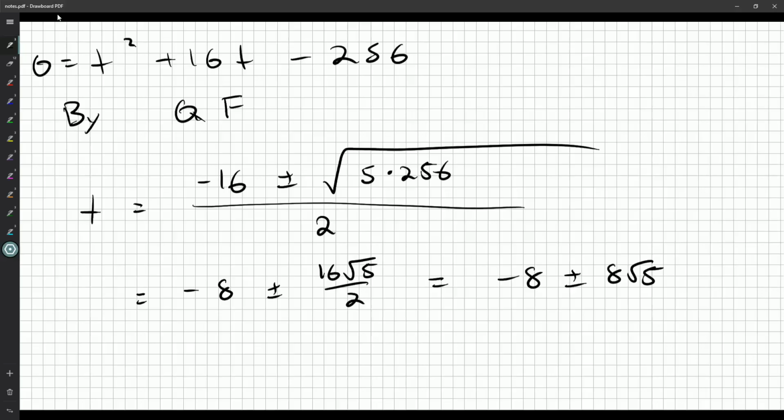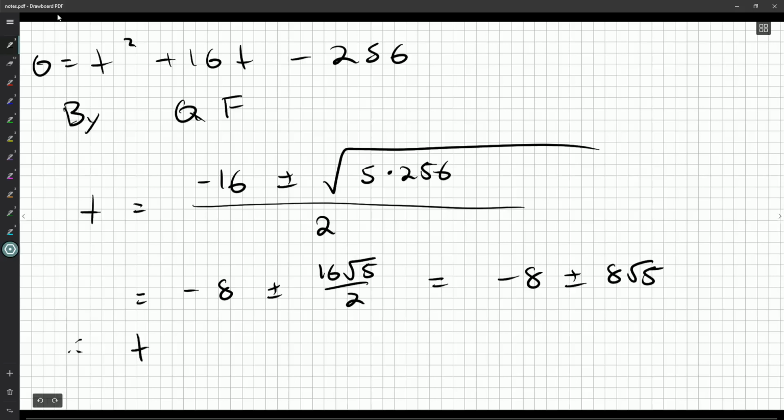The first term has to be positive, they tell us that. Then the next term is the perimeter of some square, and the term after that is the perimeter of some square. Perimeters are sums of lengths, and lengths are never negative. So yeah, we can't use negative 8 minus 8 root 5, but we can use the positive one. So good catch there. Otherwise, we might have run into a problem.